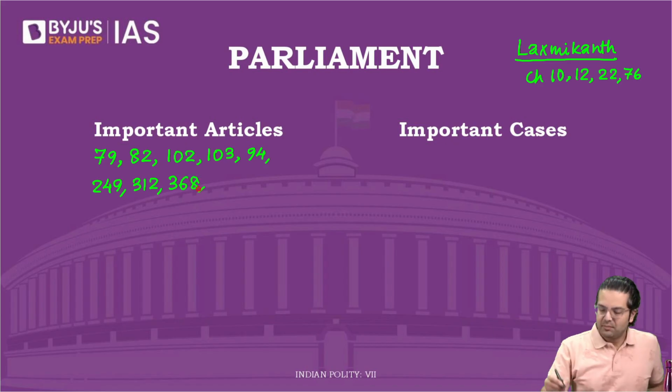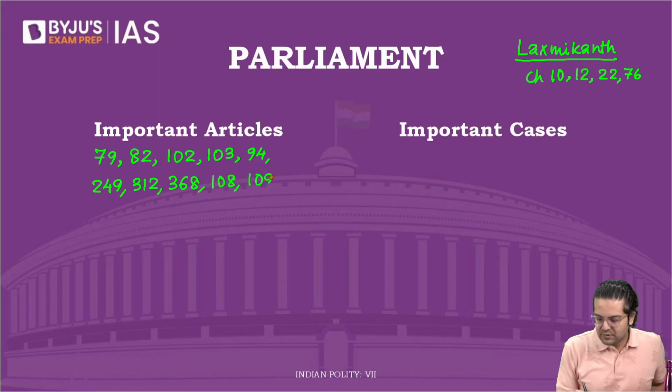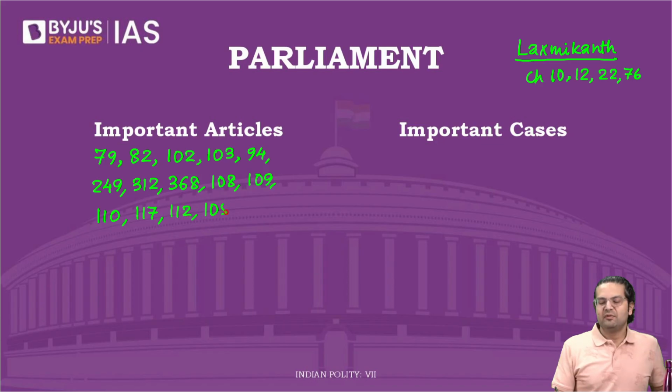Then coming to the bills: joint sitting, money bill, definition, finance bills or financial bills, budget, then the freedom of speech for the MPs, MLAs, etc. Then we have also seen the schedules.